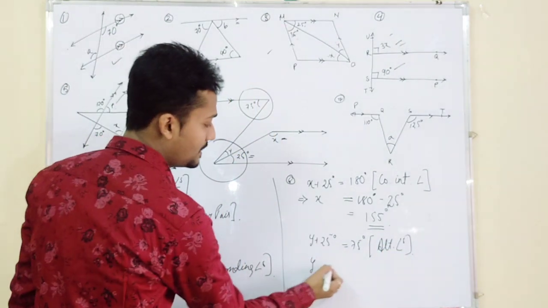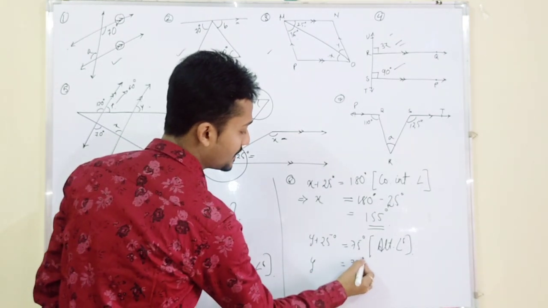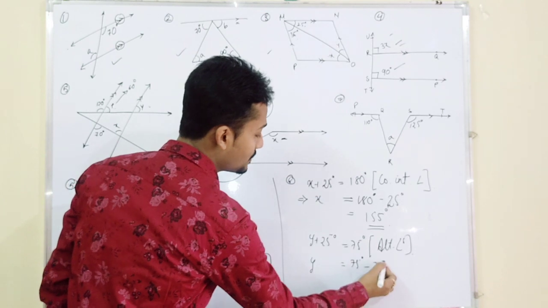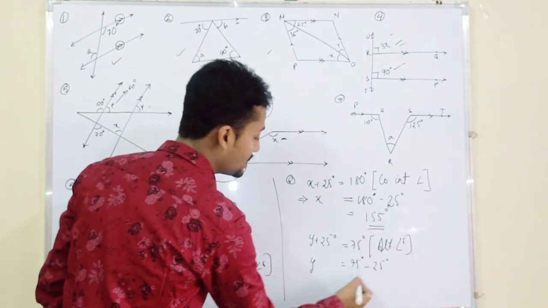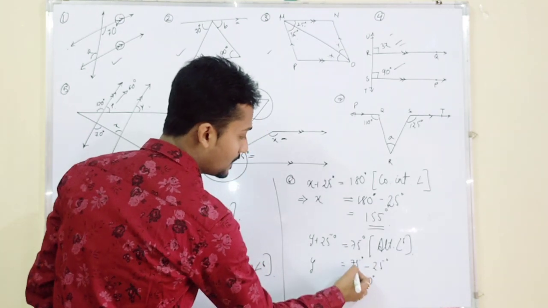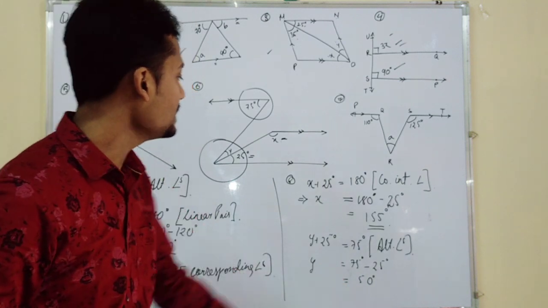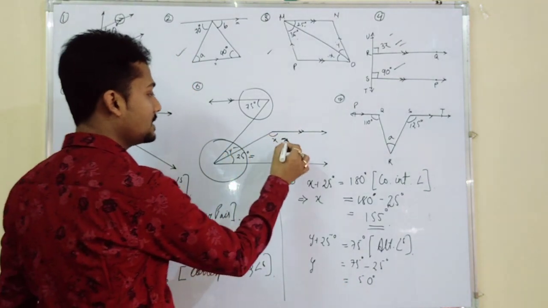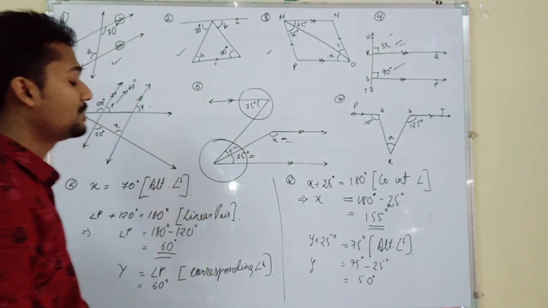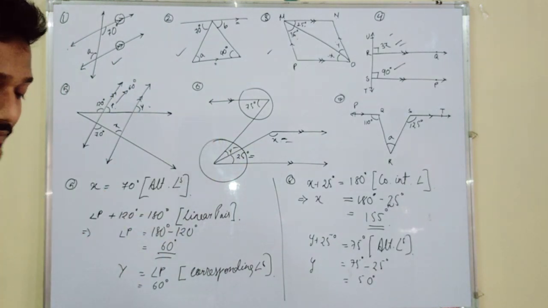Okay? y is equal to 75 degree minus 25 degree, which is equal to 50 degree, isn't it? That means y is equal to 50 degree and x is equal to 55 degree. I hope you have understood 6 and 5 even.